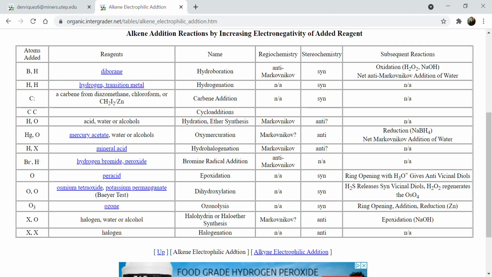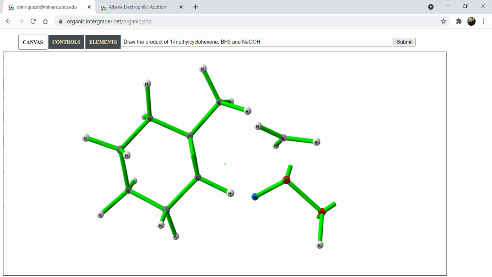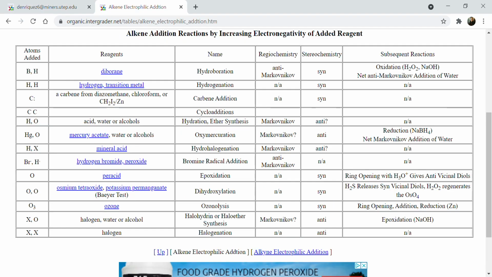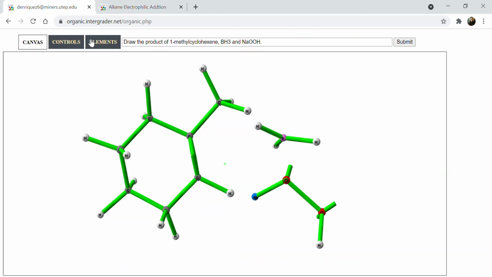Okay, so I'm looking at my notes and it seems like we actually ignore the boron and treat this like if the hydrogen is with anti-Markovnikov, so the hydrogen would be attaching here and then our OH would be attaching here. So let's go ahead and do that.